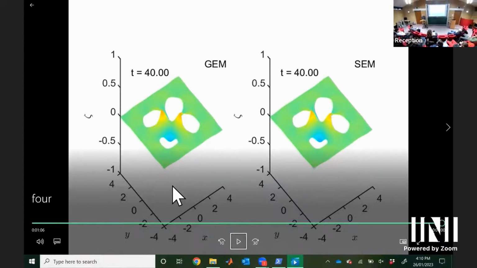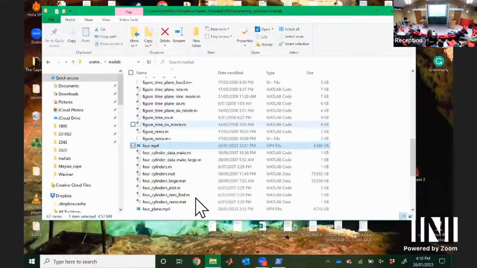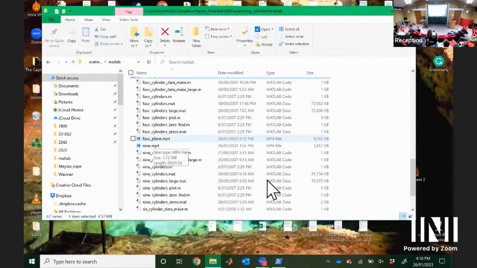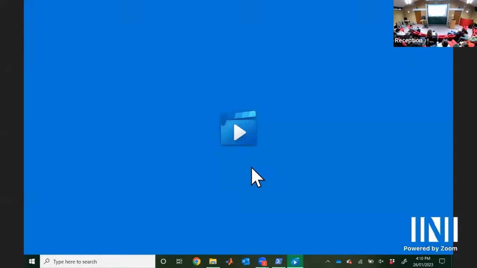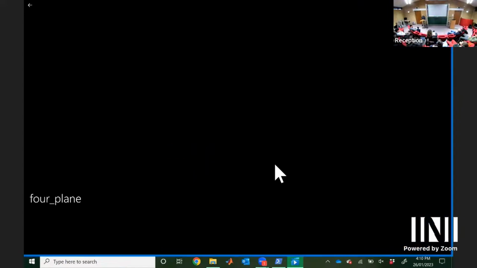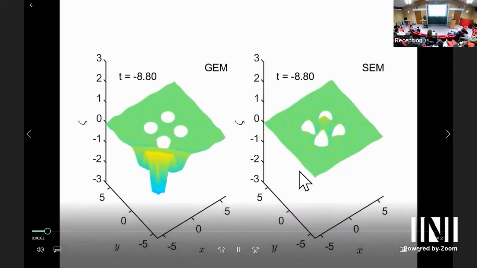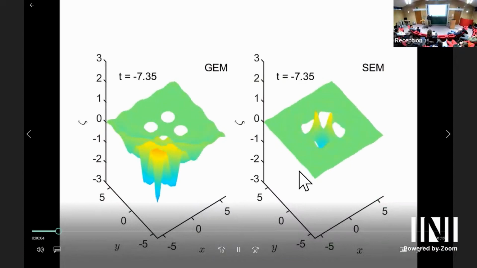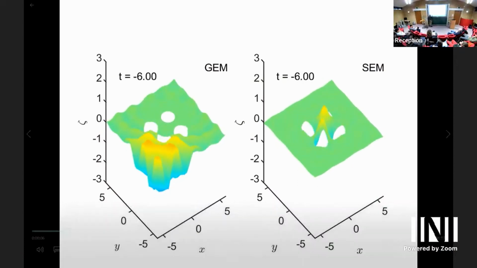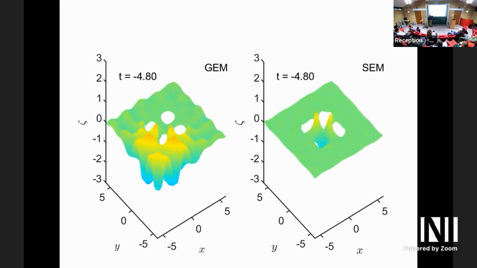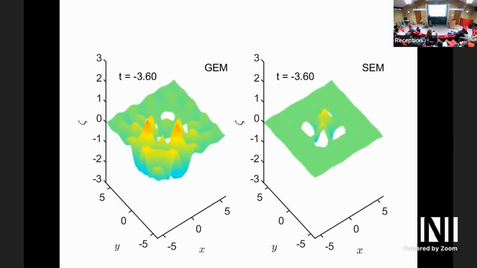I'll just see if I can show something. Just show another movie. I love these movies. And I think that what Bruce said, that they're great for storytelling, is really true. So it tells the story of where we're going. Again, it's playing very poorly here thanks to Zoom, but this is a plane wave pulse coming in and hitting it like that from infinity.